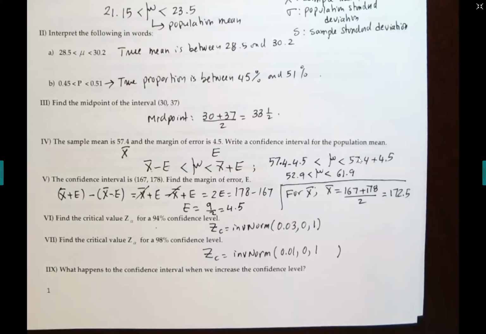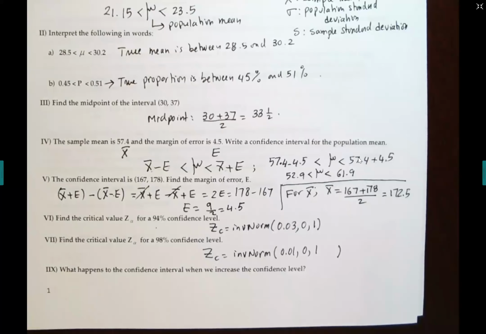But if I say I'm 90% confident, what's going to happen, you know, just to the lower and the upper bound of the interval? Are they going to shrink, or are they going to be even wider? Any ideas? Be wider. They will shrink.